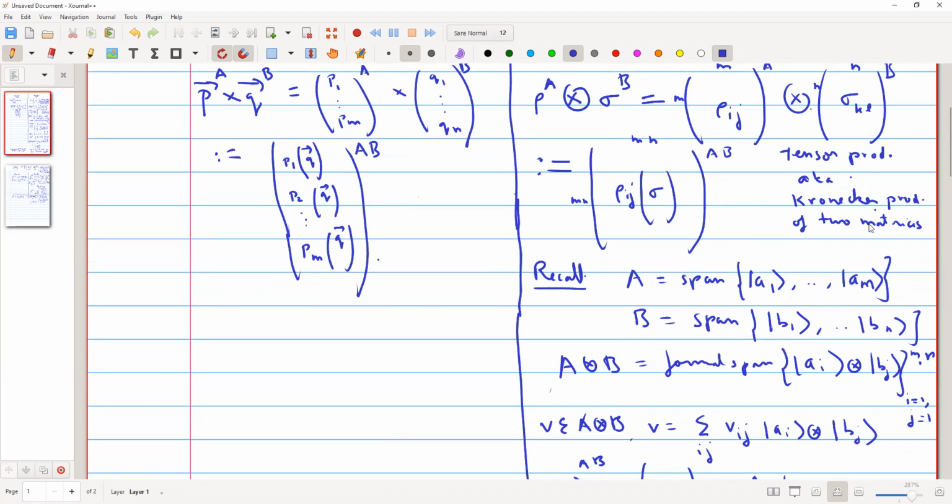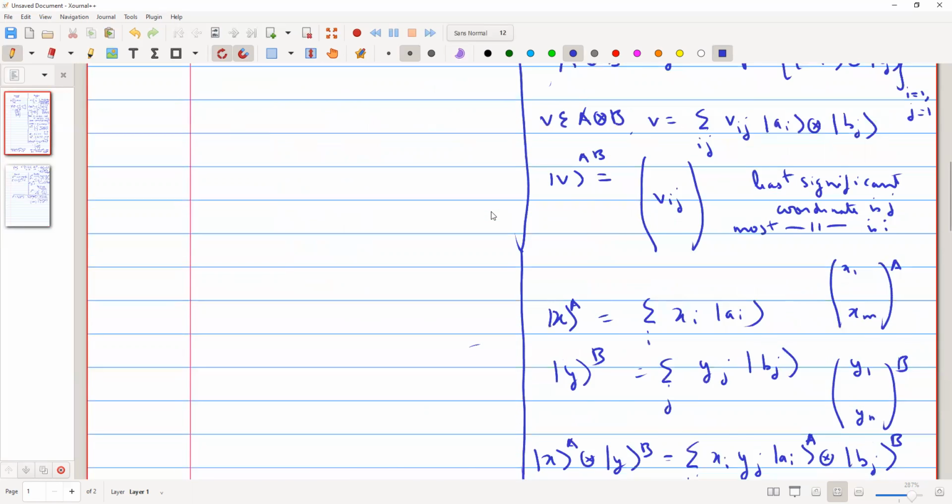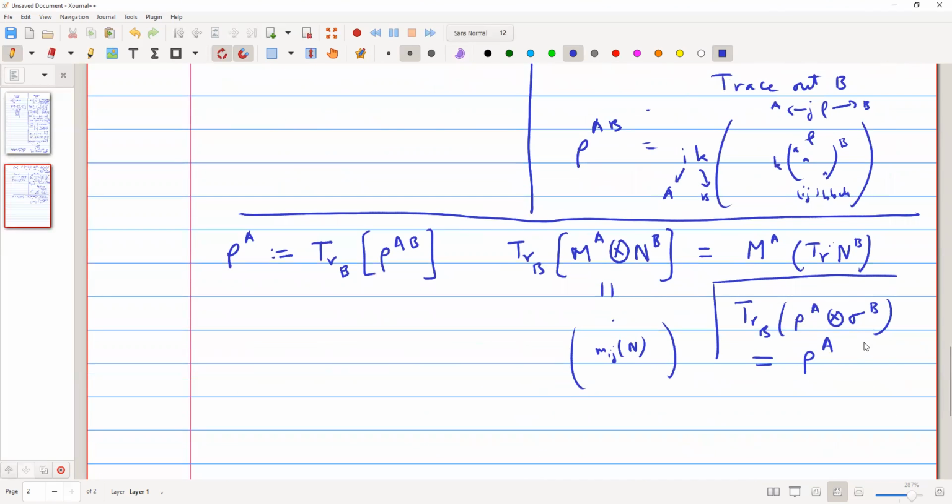This is P_A times Q_B, and if I take the marginal on A, suppose I'm looking at the second coordinate on A, I just sum over all these entries, but this gives me 1 because the summation of Q_j is 1. So I'll just recover P_1, P_2, ..., P_n. Take a product probability distribution. What is the marginal on A? It is P_A. What is the marginal on B? It is Q_B. The same thing is going on here. What is the marginal on A? Rho_A. What is the marginal on B? Sigma_B.